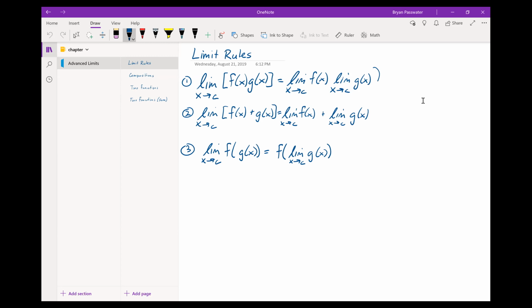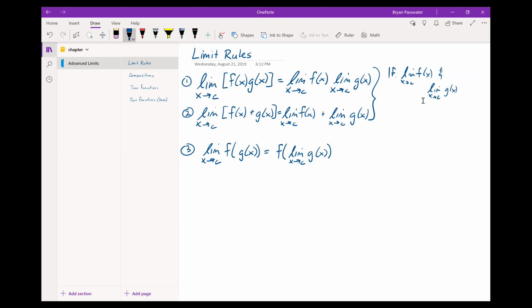So for example, these first two rules here, both of these work if the limit of f exists and if the limit of g exists. So both of these rules are applicable if these two situations are both true, right?